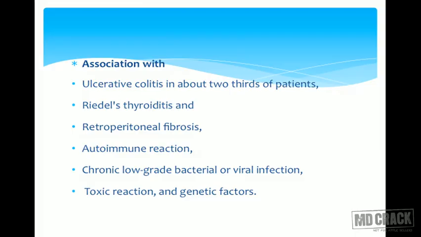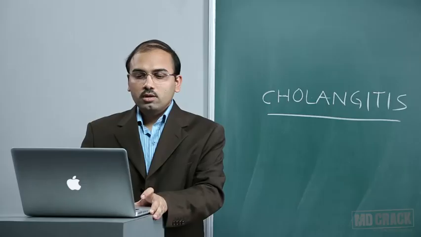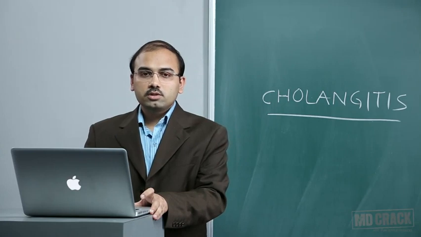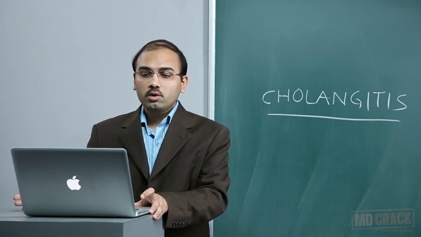It can be seen with Riedel's thyroiditis and retroperitoneal fibrosis. It can also be seen with an autoimmune reaction, can be associated with chronic low-grade bacterial or viral infection or toxic reaction, and genetic factors like HLA antigens are associated with primary sclerosing cholangitis. So you may be asked various questions: in which of the following patients is primary sclerosing cholangitis seen?